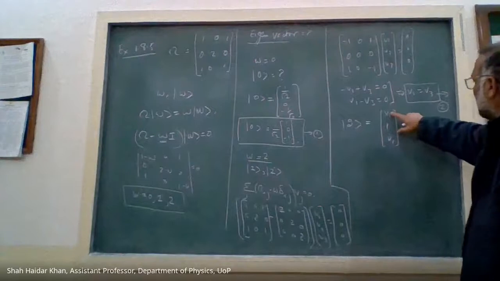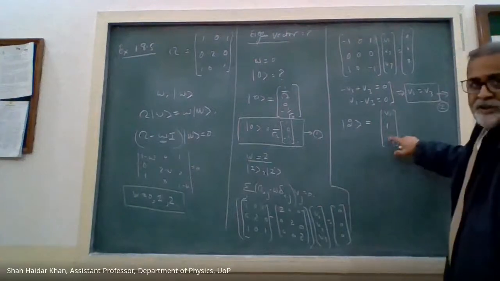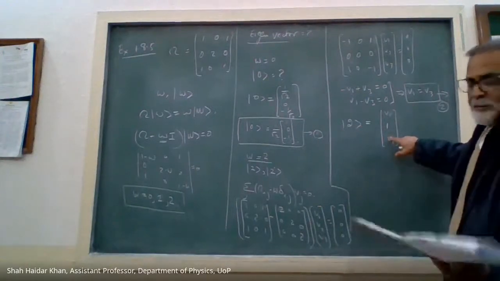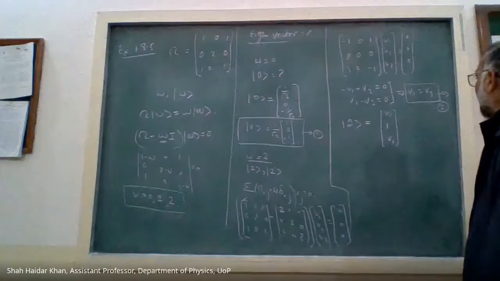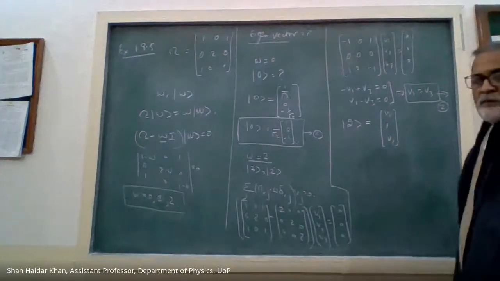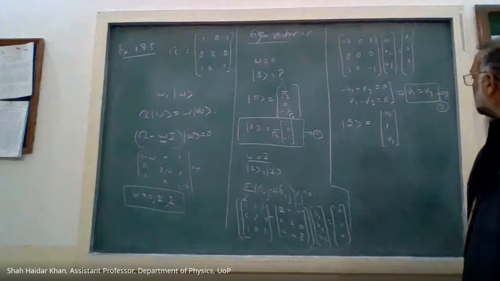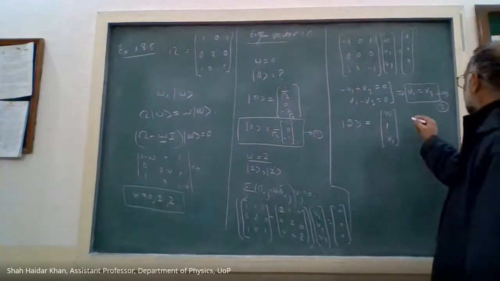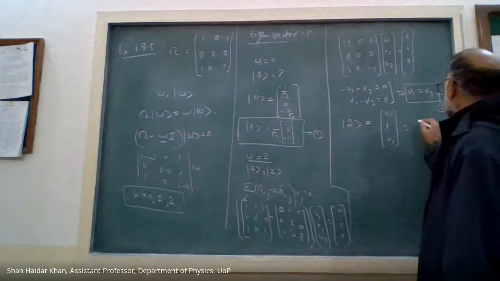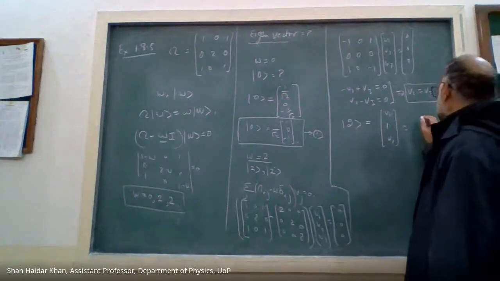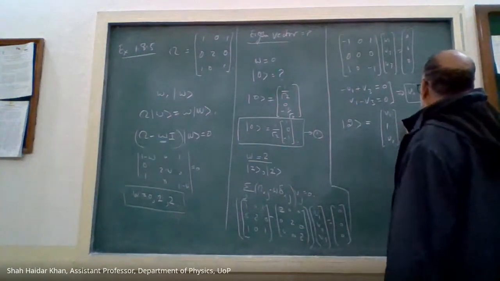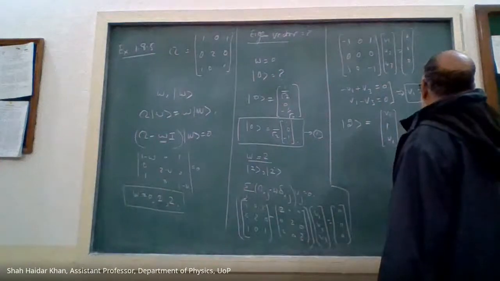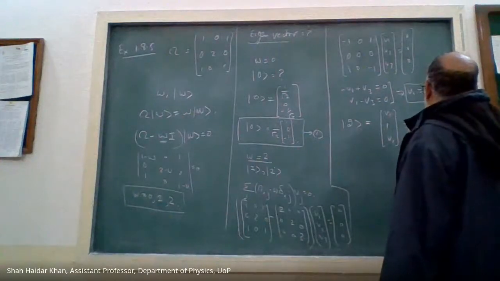Since this can be multiplied with any scalar quantity, and that will represent the same vector if it is multiplied by a scalar, I can write this as 1 as well. It is equal to some A times (1, 1, 1).